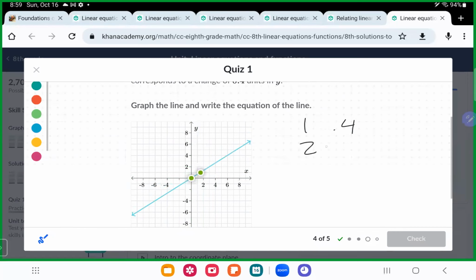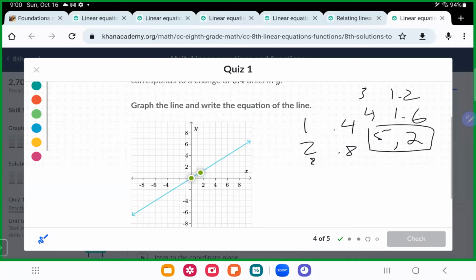So 2 would be 0.8, 3 would be 1.2, 4 would be 1.6, 5 would be 2.